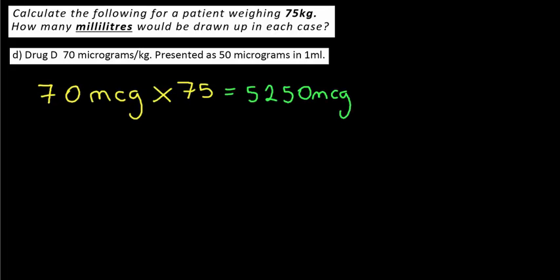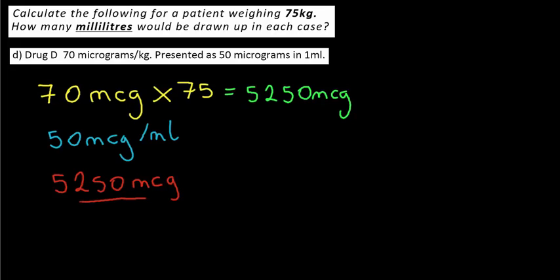The drug is presented as a stock of 50 micrograms per mil. 50 micrograms in 1 mil. Apply our formula. We've got what you want, 5,250 micrograms over what you've got, 50 micrograms times what it's in, 1 milliliter.